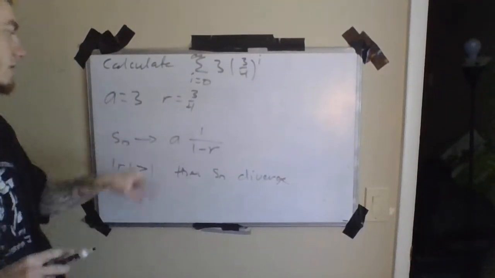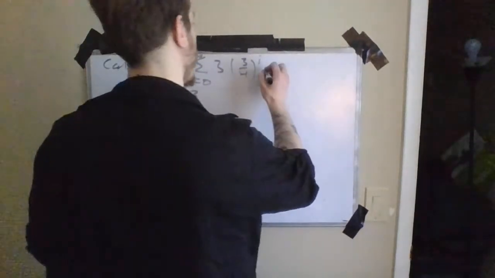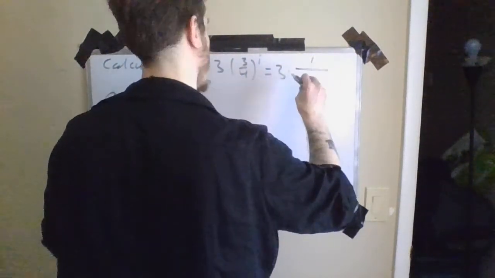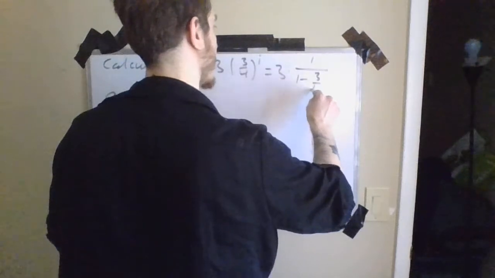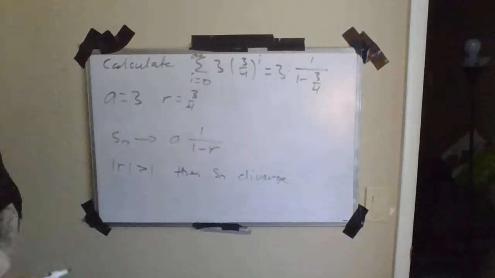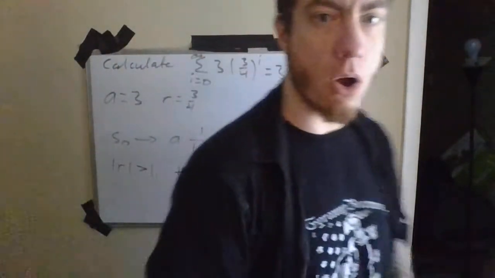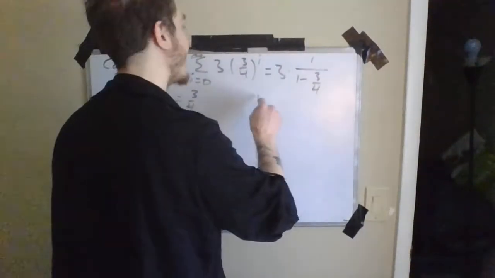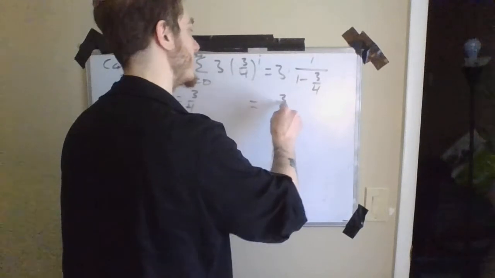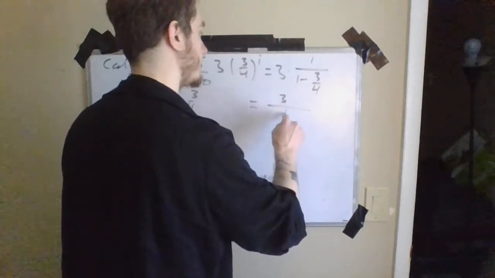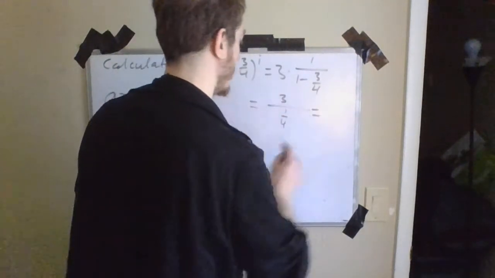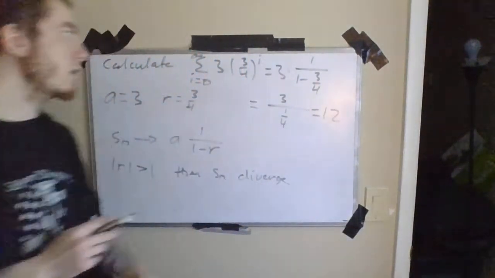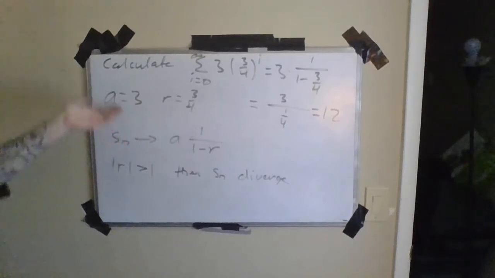I just take this formula and say, okay, this is going to be equal to 3 times 1/(1 - 3/4). At this point, all I have to do is a little bit of arithmetic with fractions, and I'm done. So this is 3/(1/4), which comes out to be 12. So there we go. This actually sums up to 12.